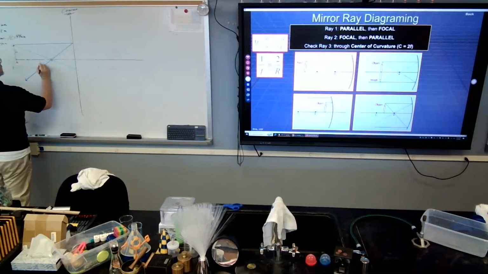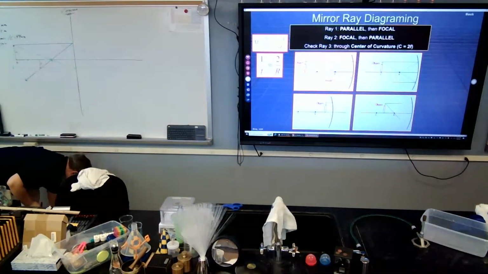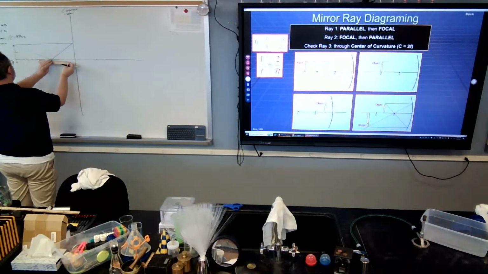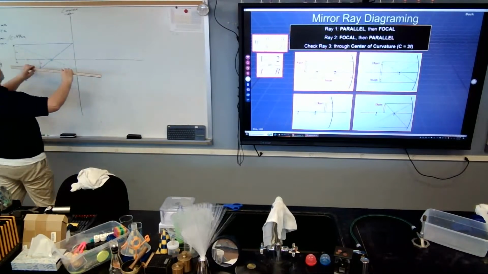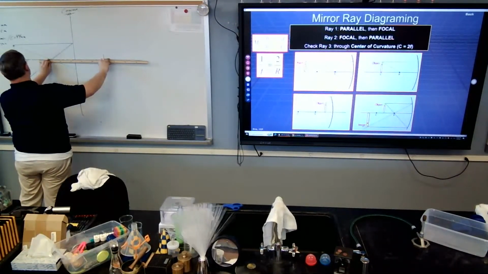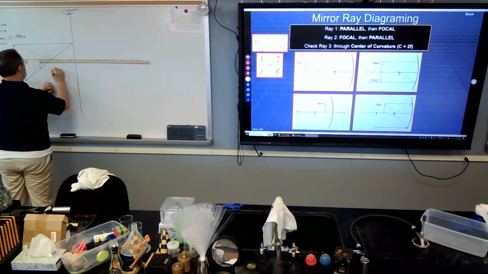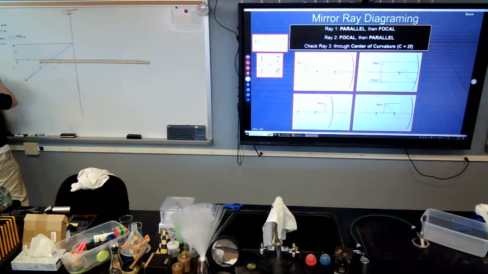And we're going to measure HI and DI. I'm going to take my meter stick for that. So, HI and DI.